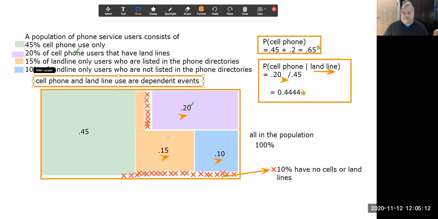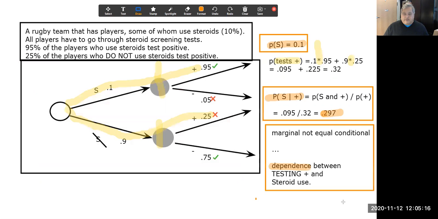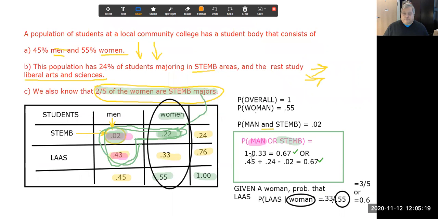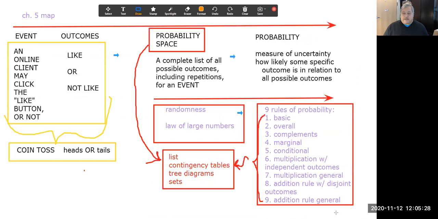I hope that this, along with the prior two video examples, one of a tree diagram and the other one of a table, are all helpful in helping you understand the 9 rules of probability that explain how it is that we arrive at metrics of uncertainty and how likely it is to see things happen, and that enriches our ability to make decisions under uncertainty as well.